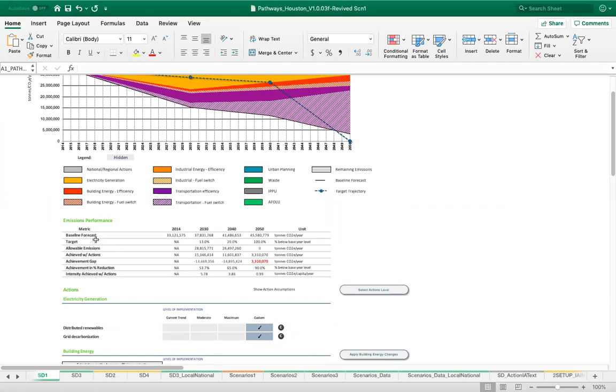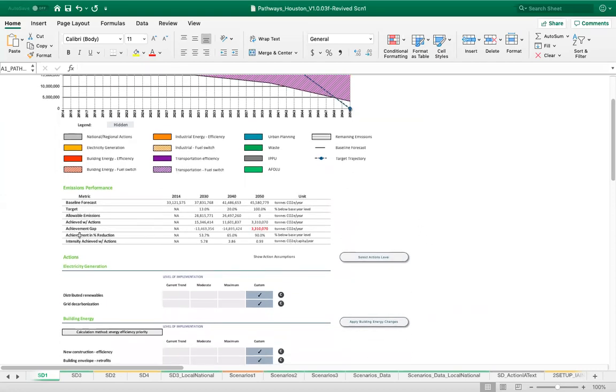It tells you what your baseline emissions forecast is, what you're targeting, the allowable emissions associated with that, what you've got with your actions, the difference between them, the allowable gap, and then expressing that as a percentage value. And finally, it gives you the detail around intensity, carbon tons per person per year.